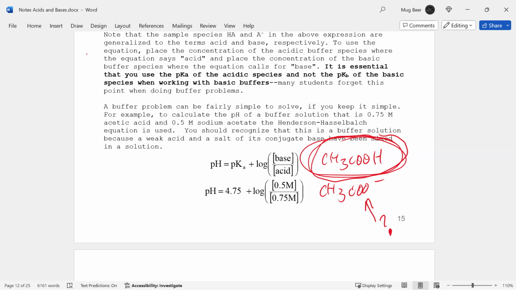It lost its H. So what would it like to do? It would like to get its H back. So it's actively searching through the water, looking for any excess H pluses that are floating around. And what's the acetic acid above doing? It's floating around doing what?